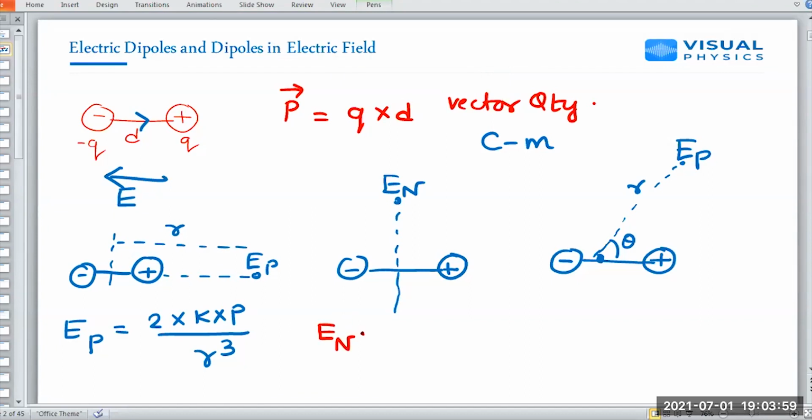Electric field at equatorial point is given as K into P by R cube, where when I say K, I mean 1 by 4 pi epsilon naught.